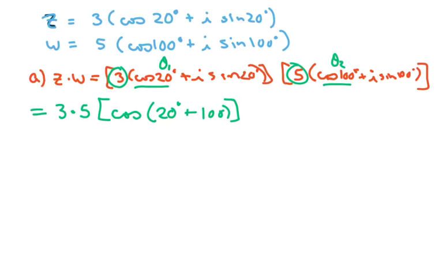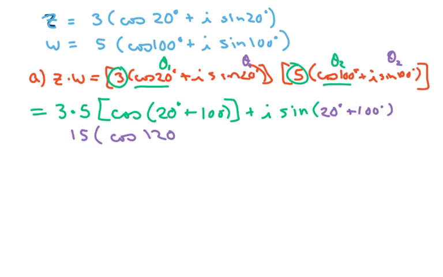Plus I times sine, and again, angle 1, which is 20, plus angle 2, which is 100. So we're going to get 15 times cosine of 120, plus I sine of 120. And that is how you do it. That's it.